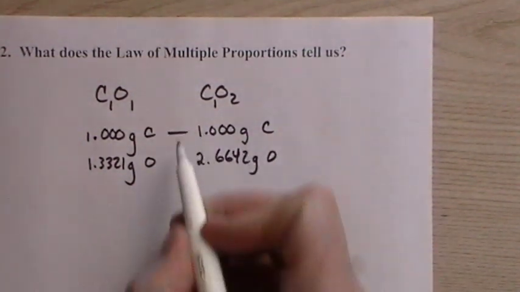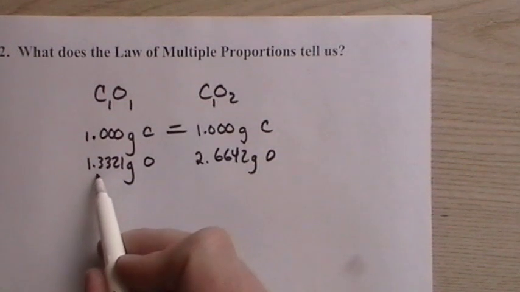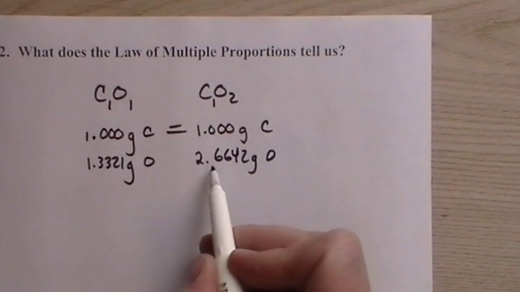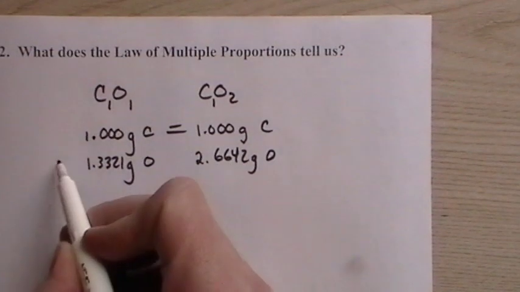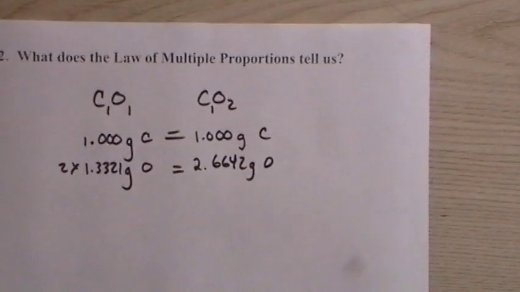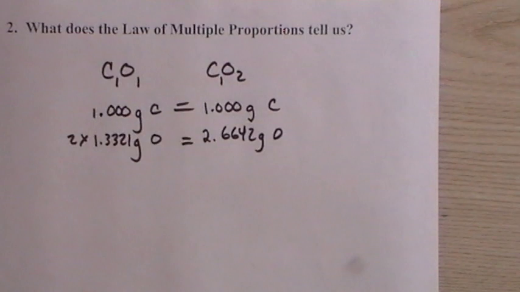You can see that 2 times 1.3321 gives us the same number. So we can see that the ratios are always, as they say, small whole numbers or integers.